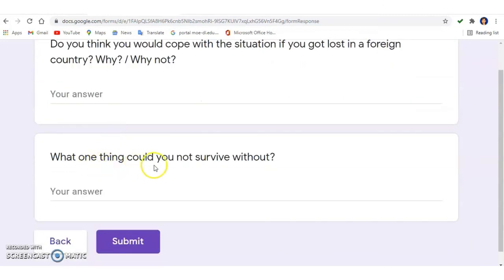And what one thing could you not survive without? It means you cannot live without something. I cannot live without Wi-Fi. I cannot live without my handphone. I cannot live without my girlfriend, you know. So what one thing could you not survive without? Type your answer in this Google form and then submit.